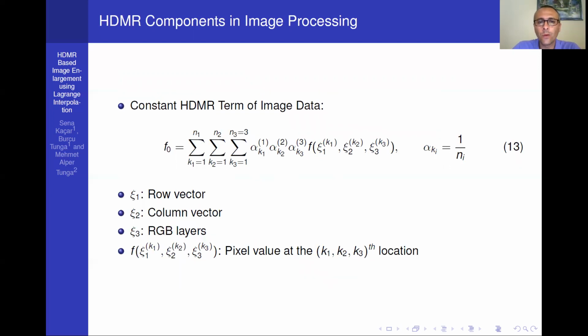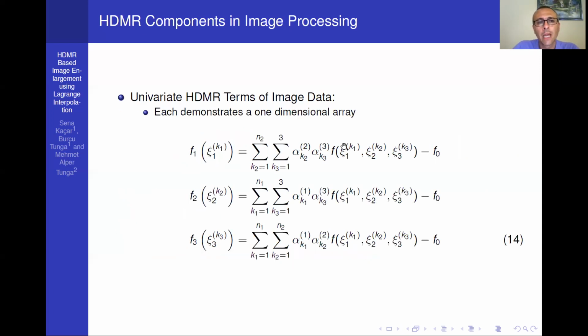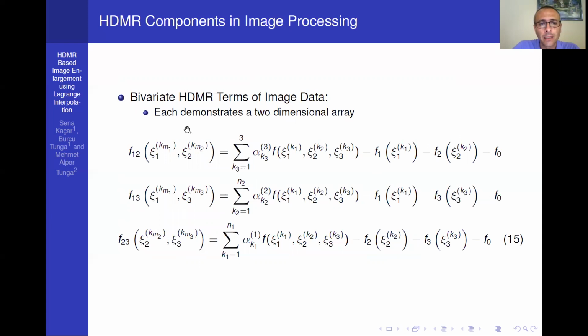When we apply this philosophy to the HDMR components, we get this constant HDMR term, these univariate terms, each of which demonstrates a one-dimensional array, and these bivariate terms, where each bivariate term demonstrates a two-dimensional array.